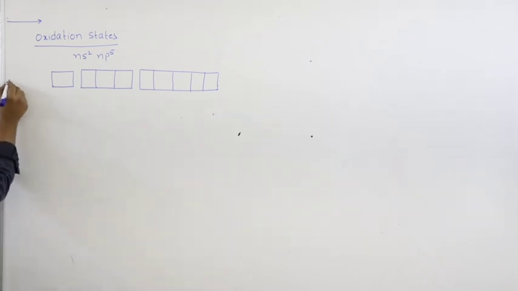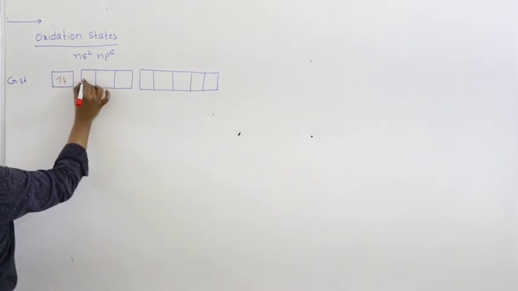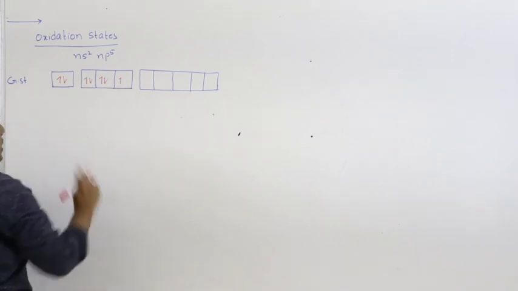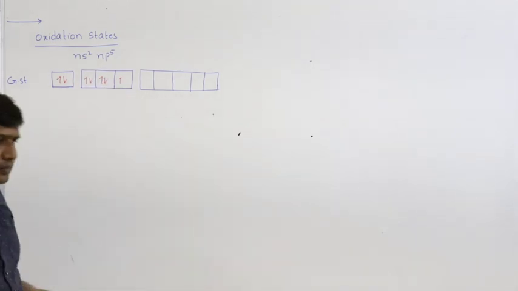This is the ground state. In the ground state you have 7 electrons, ns2, 2 electrons, np5, 1, 2, 3, 4, 5. So you have one unpaired electron in the ground state.